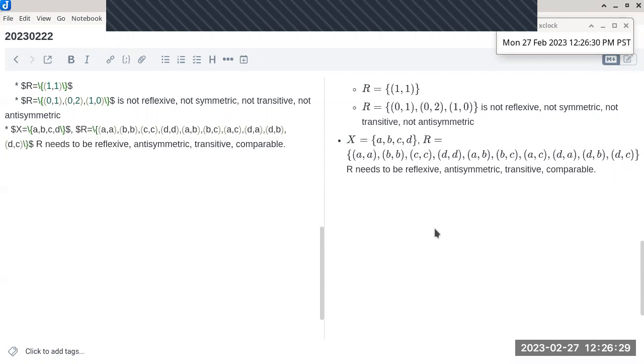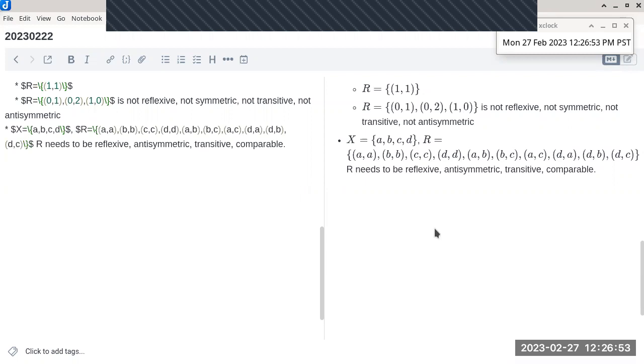So I don't see any problem with being transitive, and now it is a totally ordered relation because it is meeting 4 requirements at the same time. It is being reflexive, antisymmetric, transitive, and also comparable at the same time.